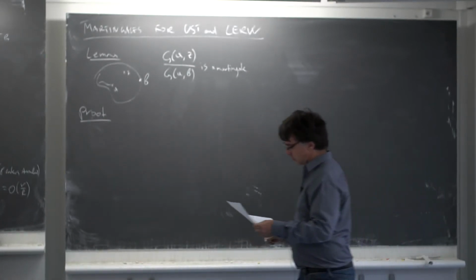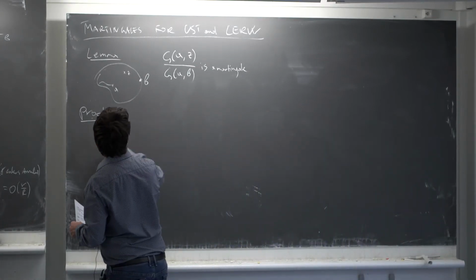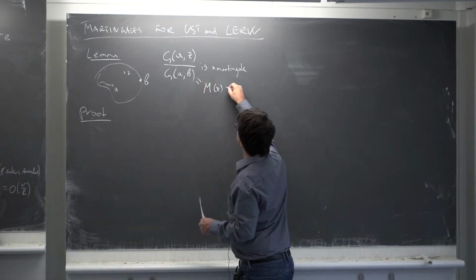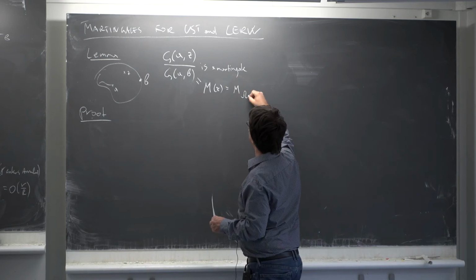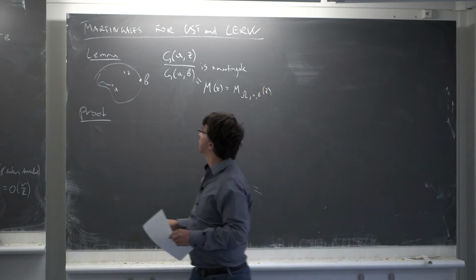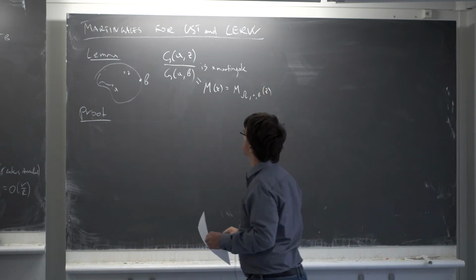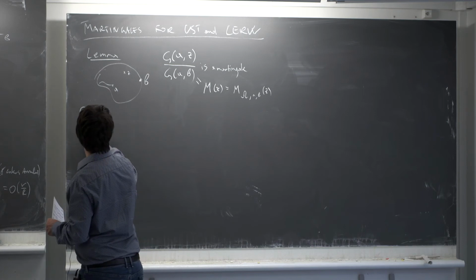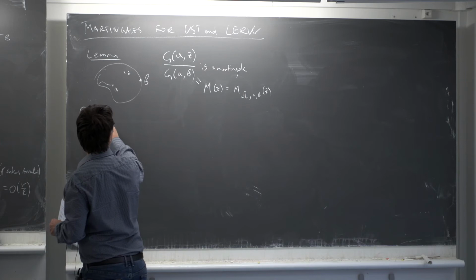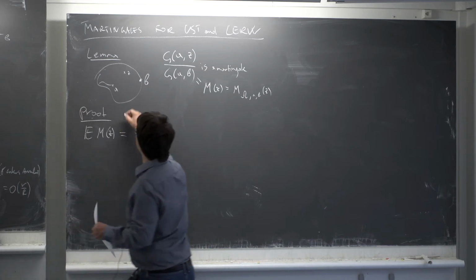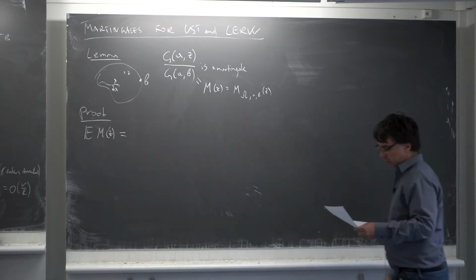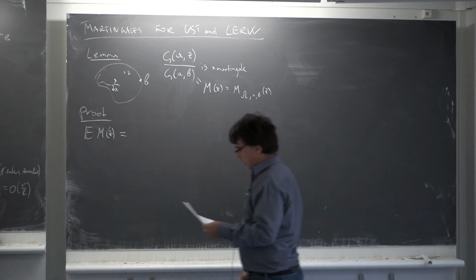I'll write the proof and then I'll explain. We draw the curve. Let's call this M of Z; strictly speaking it is M of the domain omega, A, B, Z. So the proof goes like that. What does it mean that it's a martingale? We need to take the expectation of M of Z when we draw our curve for one more step. There are 3, or possibly 2, or 1 possible steps.